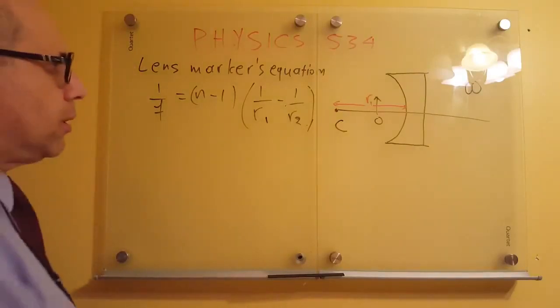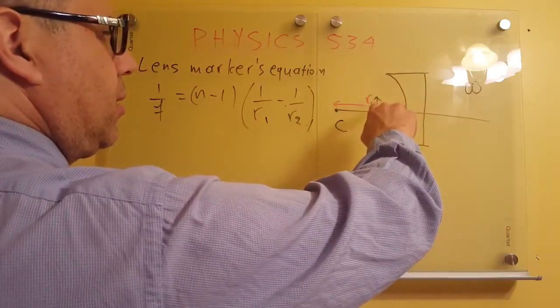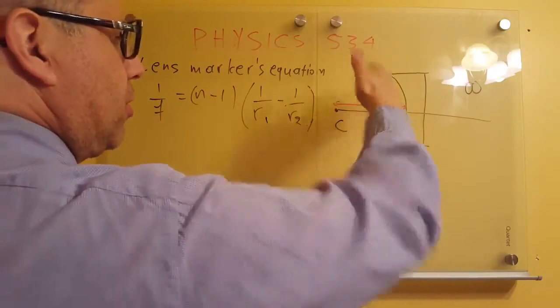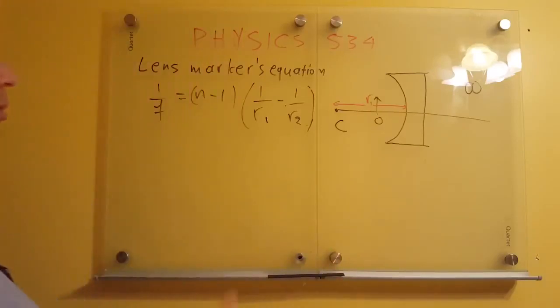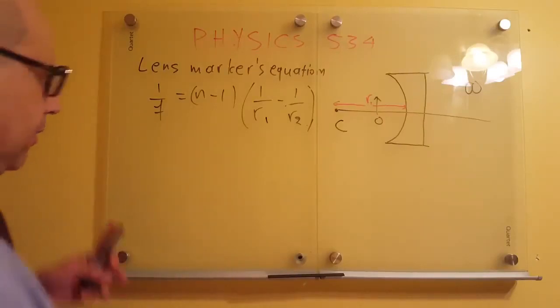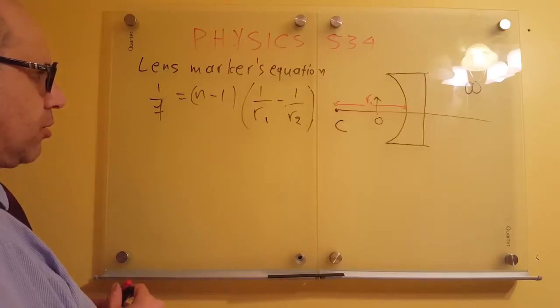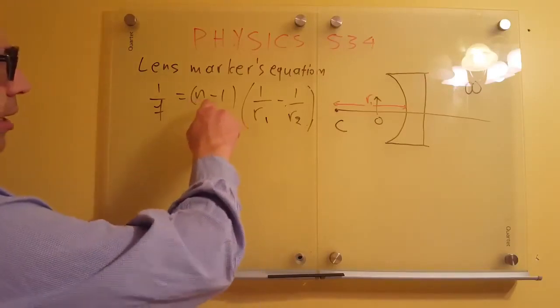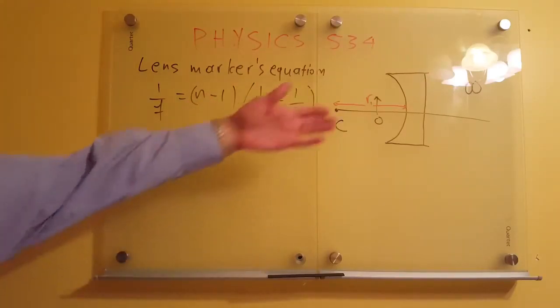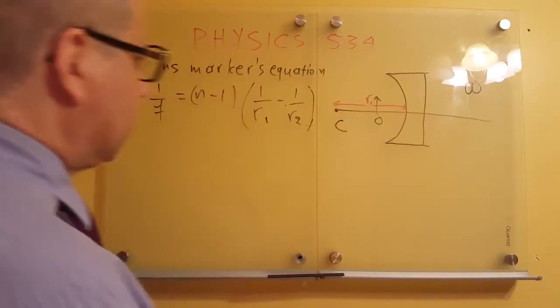Okay, and let's start from the fact that the object is on this side. So we have again to check if it's positive or negative. It will be negative, but let's see why. So again, this here is positive because, since again it's glass, the n is greater than 1, so n minus 1 is positive.